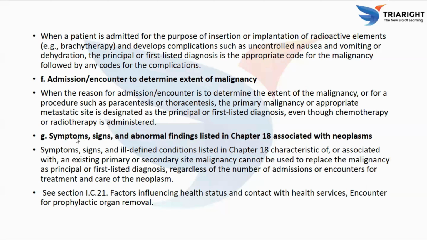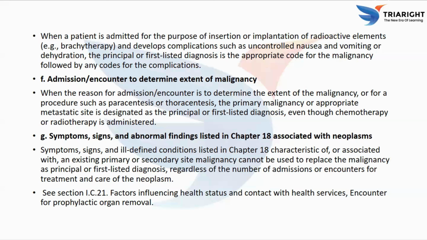And the next guideline: symptoms, signs and abnormal findings associated with neoplasms. Symptoms and signs are available in the chapter 18 codes, for example pain, weight loss, anemia, nausea and fatigue. What is the core rule over here? For symptoms associated with an existing malignancy, you should not replace the cancer as the principal diagnosis, even if the patient is admitted multiple times. What is the example?